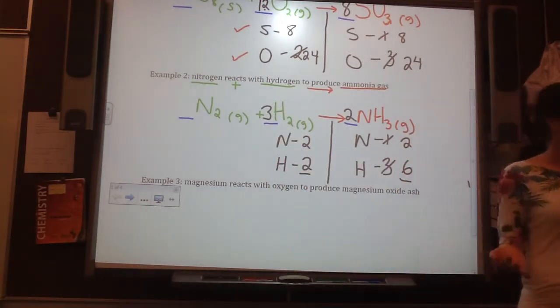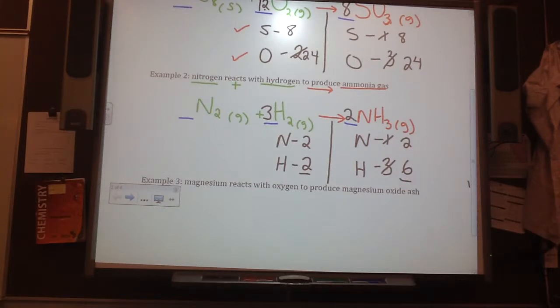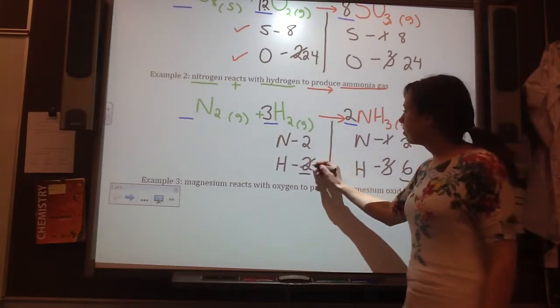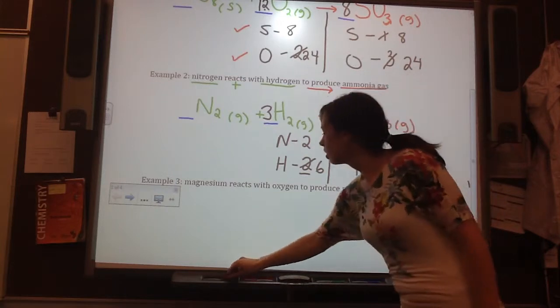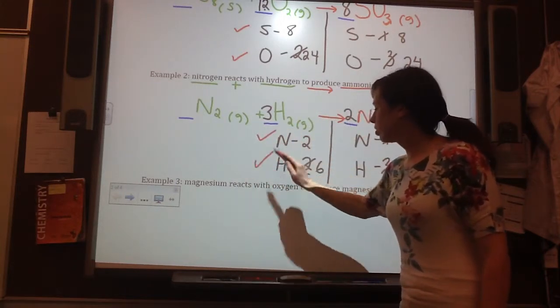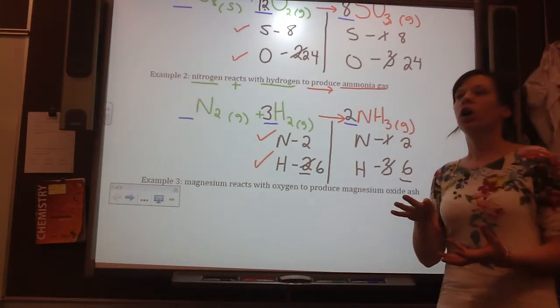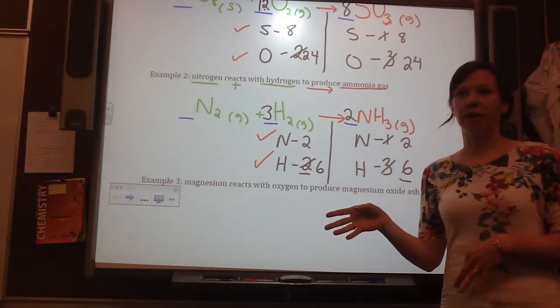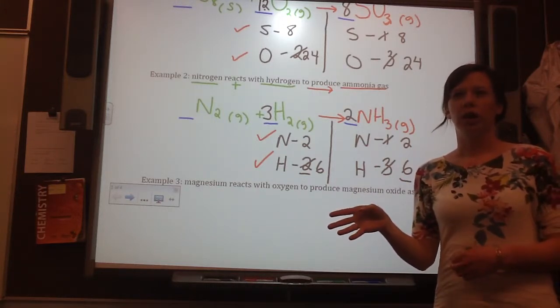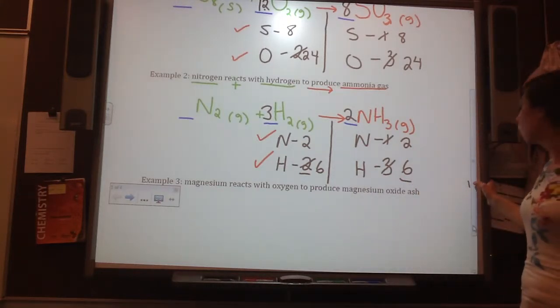So now my N's are all good, and my H's are all good, so now it's balanced. You can only multiply, you can't divide. And you can't put in 1.5 either. No decimals, only whole numbers.